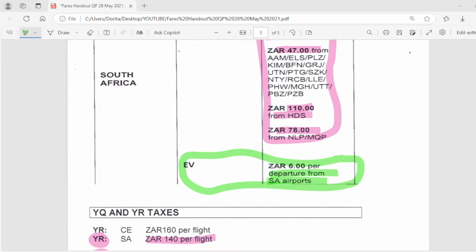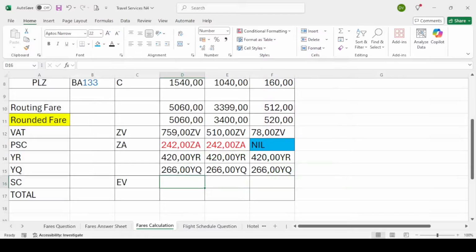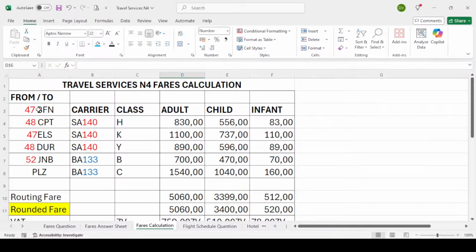What will it look like on your answer sheet? You're going to charge the 6 Rand from each city that you've departed from. It means that you will charge your 6 Rand from Bloemfontein because you departed from Bloemfontein. You will charge 6 Rand from Cape Town. Oh, I've taken out all my writing.